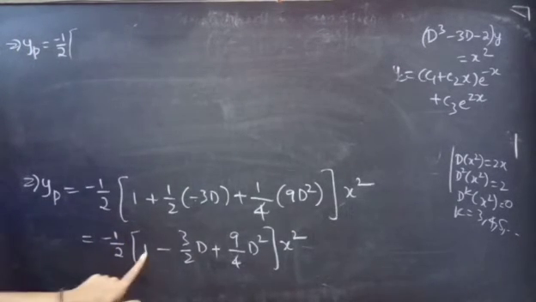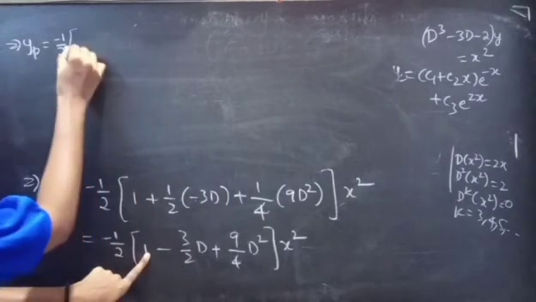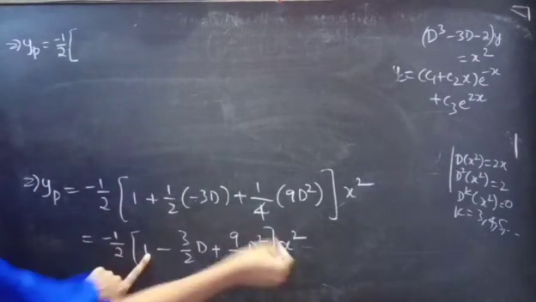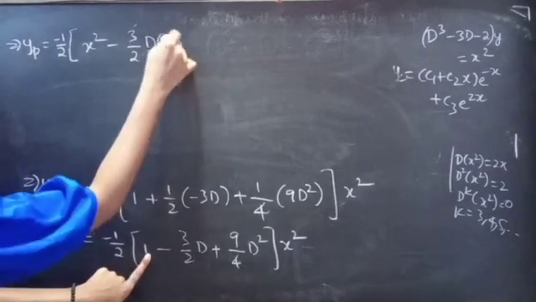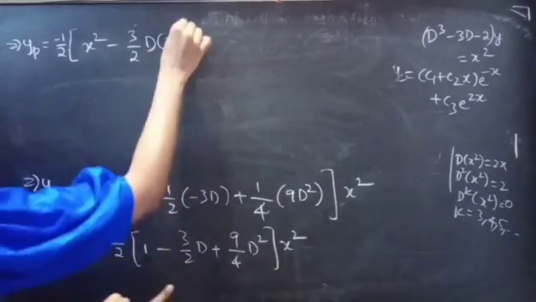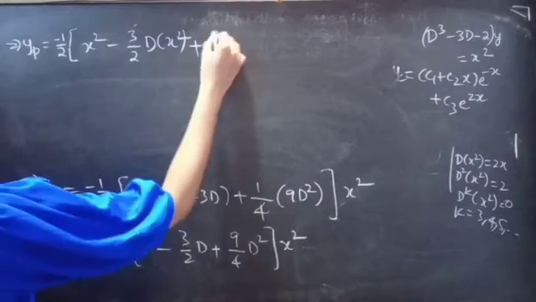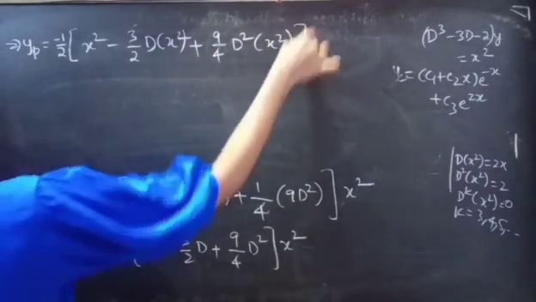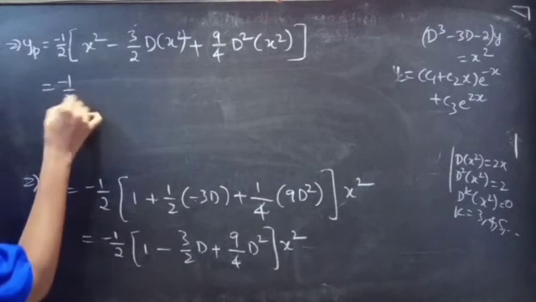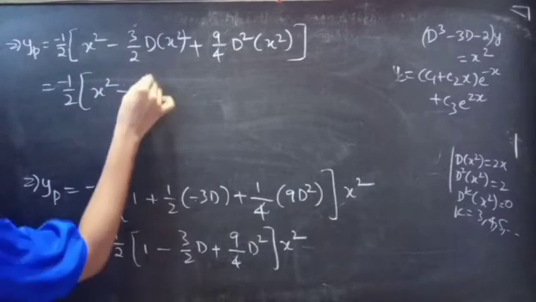Then yp becomes minus 1 by 2 into 1 into x square, which is x square, minus 3 by 2 into the derivative of x square, plus 9 by 4 into d square of x square.